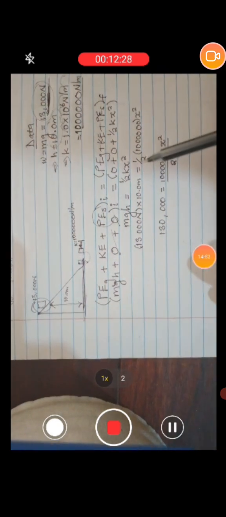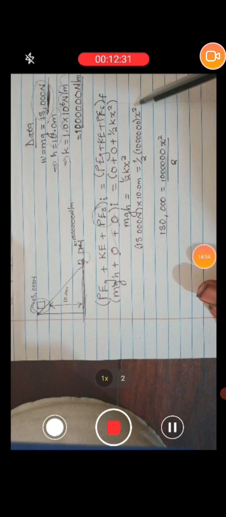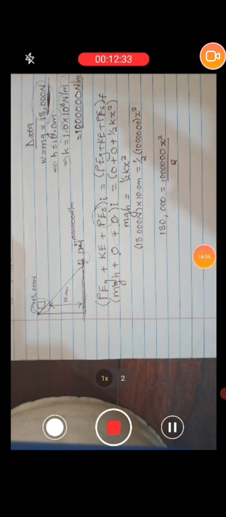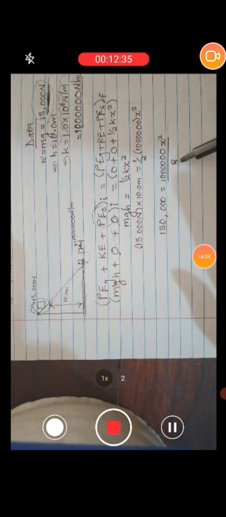Basically, I multiplied 1 with everything on top, then the 2 became the denominator.